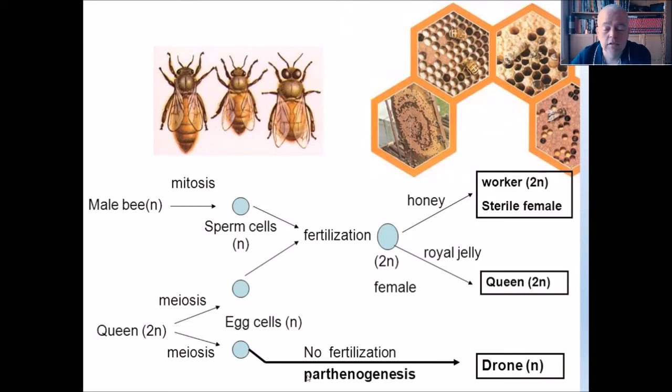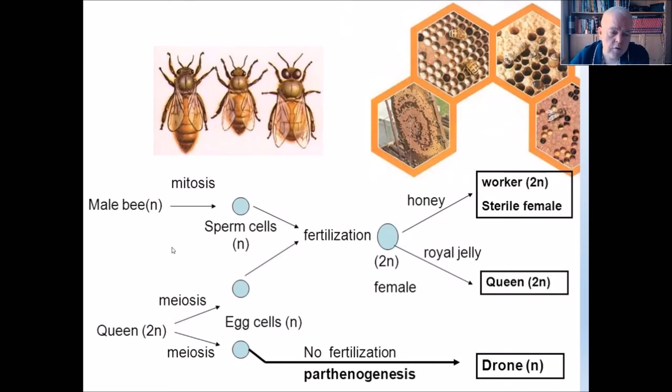Parthenogenesis is where you can produce an adult organism without any fertilization. In this case, the parthenogenesis process from that individual egg cell produces what's known as our drone. Our drone is effectively a male bee.